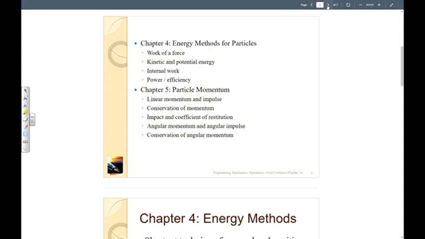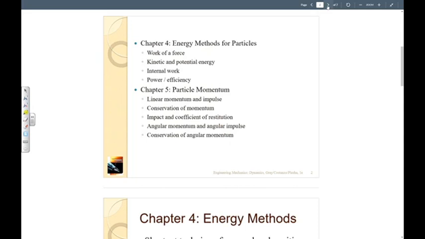Work energy, I think you guys are pretty good at this. It's my hope, at least. T1 plus V1 plus U12 non-conservative is equal to T2 plus V2. If you can write this equation, you can piece out all the things you need from it.